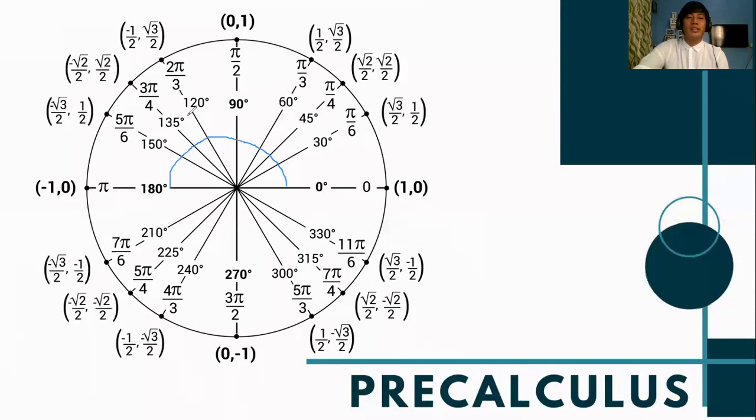We have 120, 135, 150, 180, 210, 225, 240, 270, 300, 315, 330, and 360. All of these are what we call angles in standard position, but they are also the special angles of a unit circle.